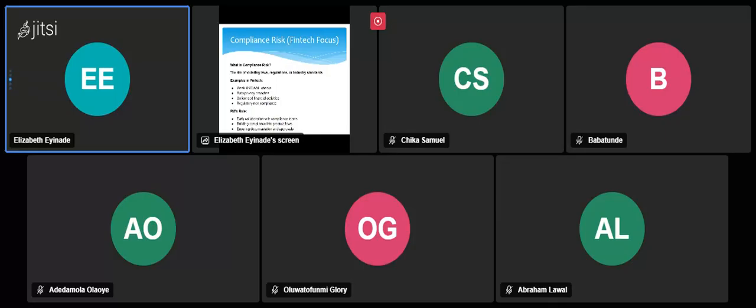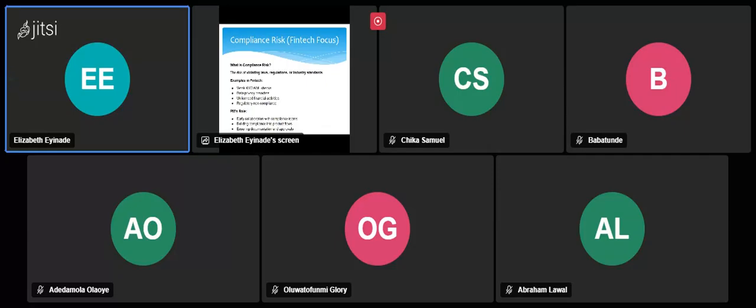Another one is unlicensed financial activities. Ensuring that your platform, your products is not being used for unlicensed activities. For instance, you're doing remittance in Nigeria, CBN has given you license, and CBN has banned cash pickup transactions, as we know. Are you ensuring that your platform is not being used for cash pickup?